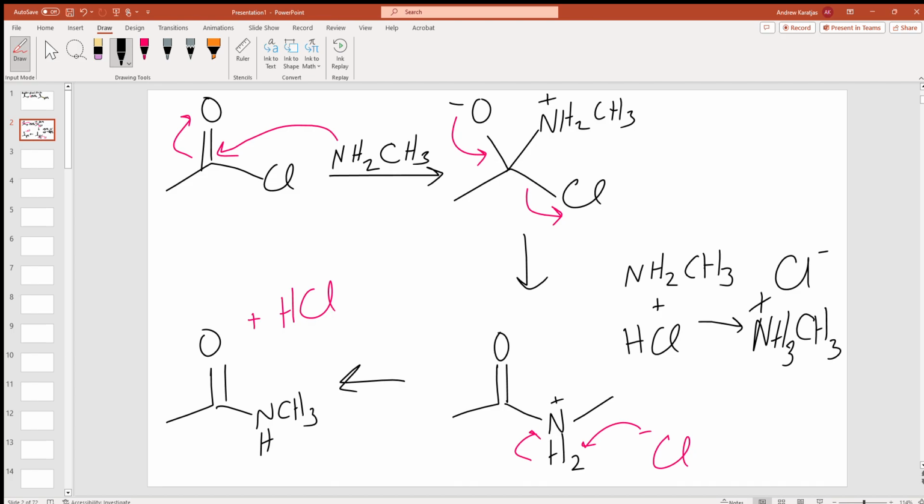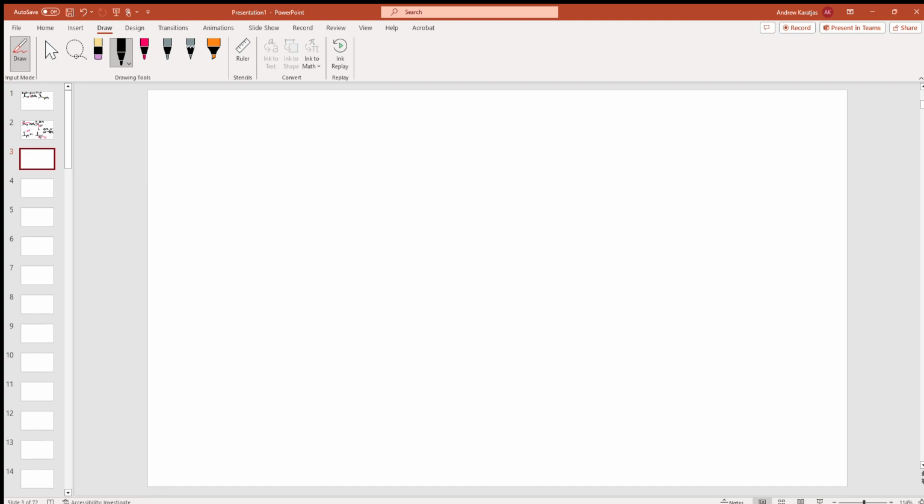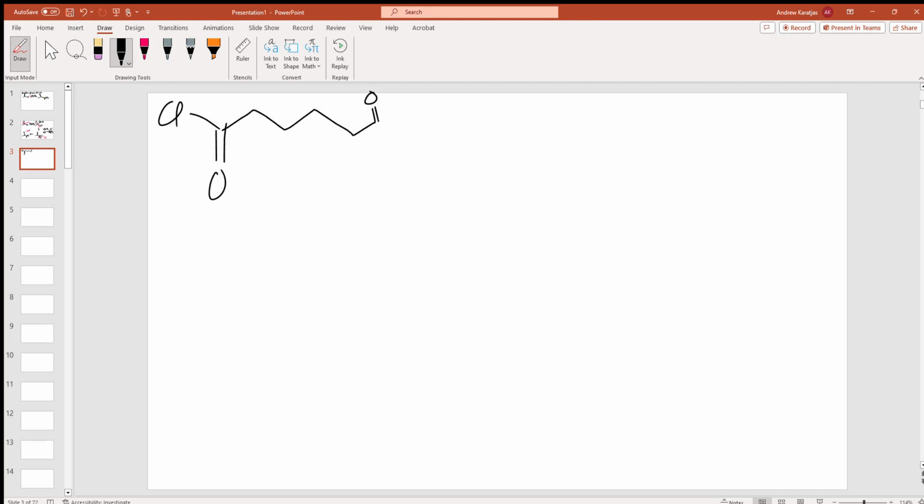Now, a lot of neat applications of this reaction, but probably the best one is this one. And if you look this reaction up on YouTube, you can find a number of nice demonstrations of this reaction.